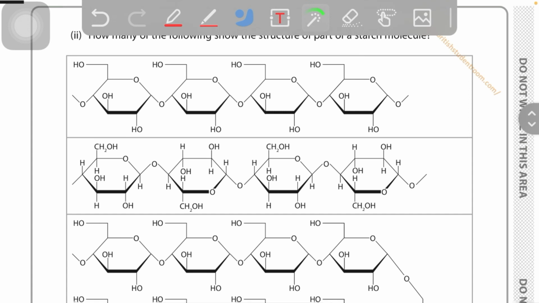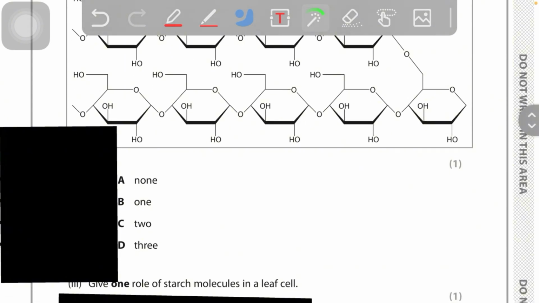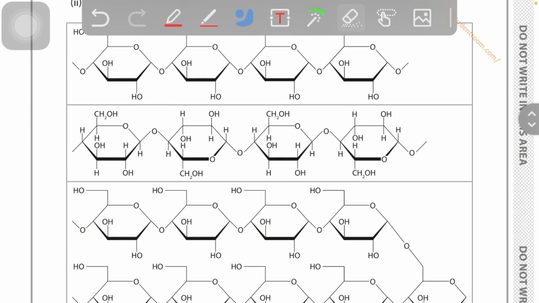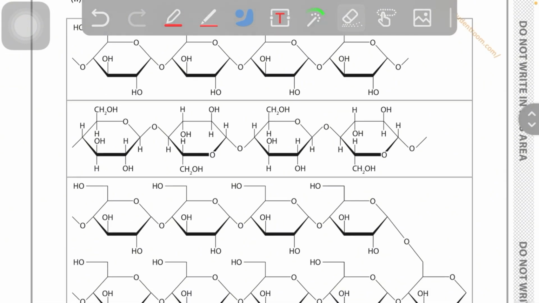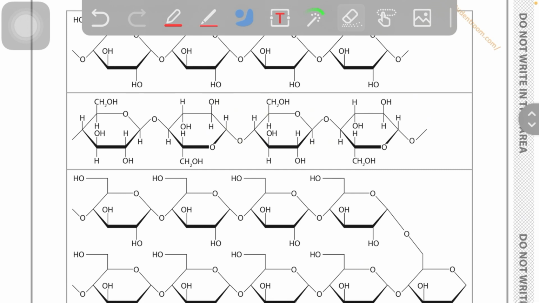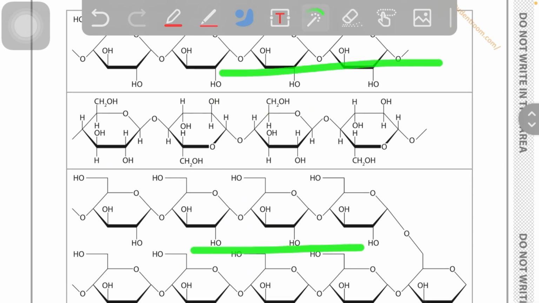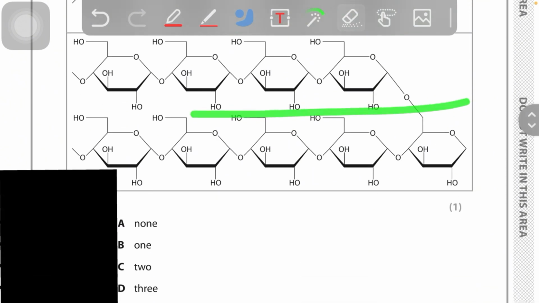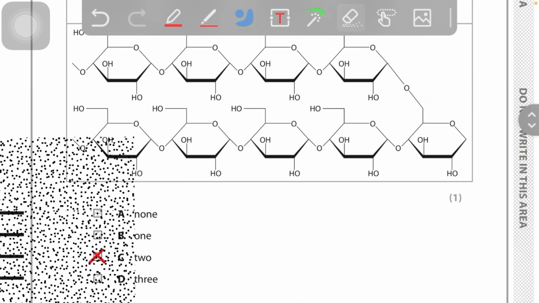So if it's hard for you, it's also hard for your other mates in the classroom. Remember that. So it's fine if you do not know the structure of amylose or amylopectin. Here, this is the structure of amylose and this is the structure of amylopectin. So the answer is 2.